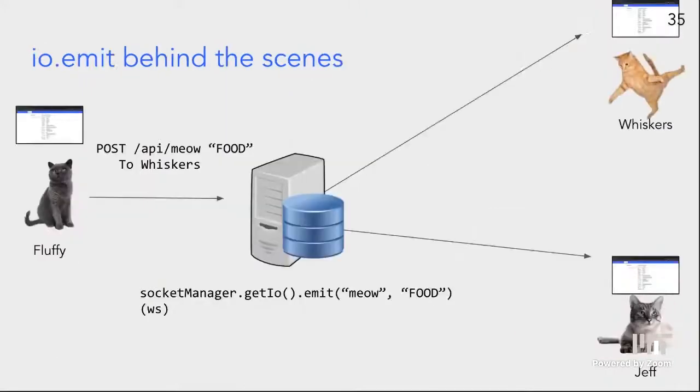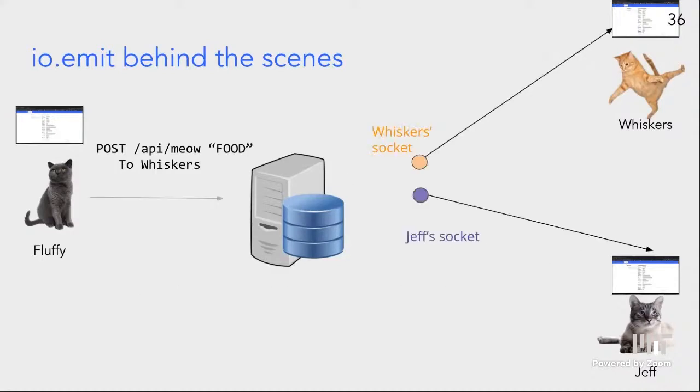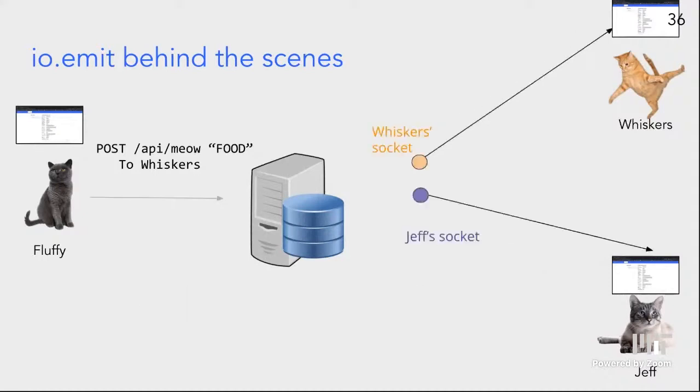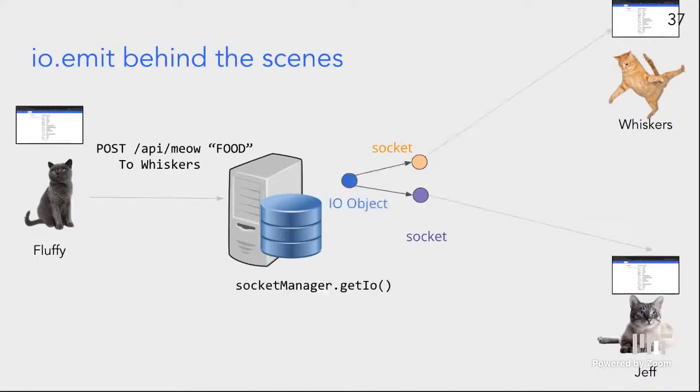So let's break down what's going on behind the scenes if we were using socketmanager.getio.emit, this shouting to everyone, and see if we can modify it so that we can just talk to one person. If we look behind the scenes, this getIO object is, again, that bundle of sockets, and it's an abstraction that we're using to manage all of them. But behind the scenes, there's two individual sockets here, Whiskers's socket and Jeff's socket. But really, these are not actually labeled.